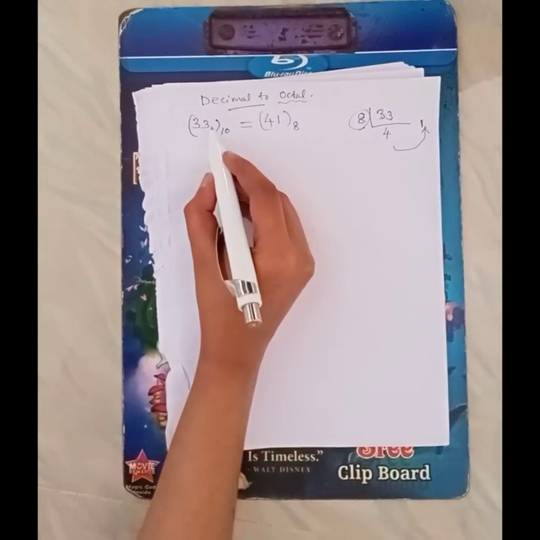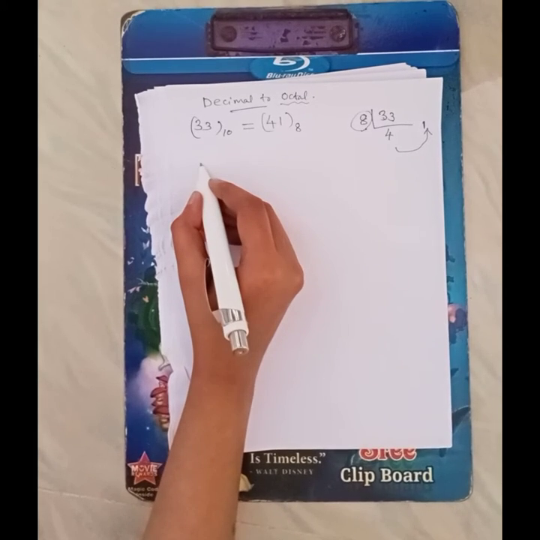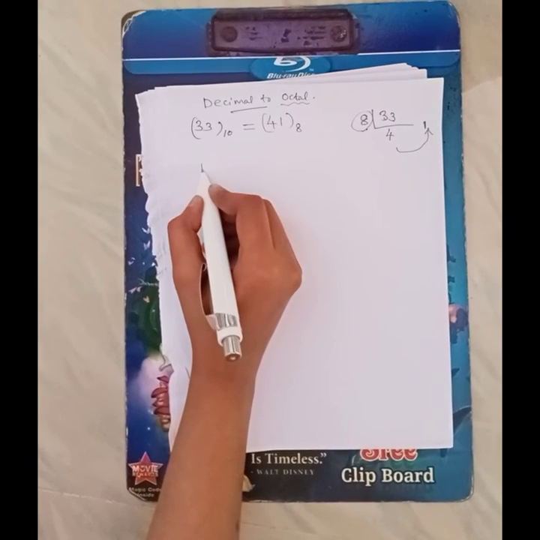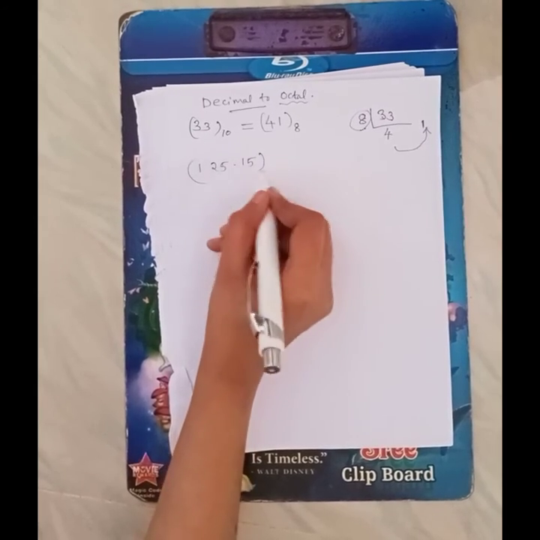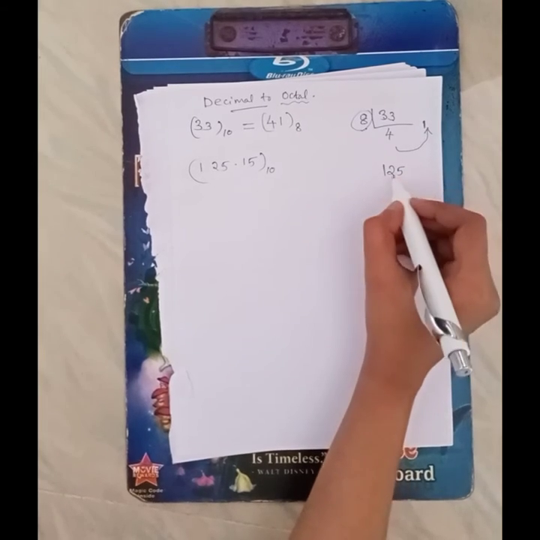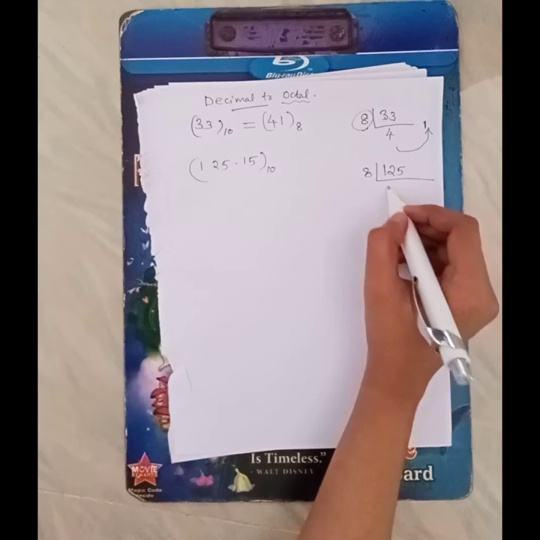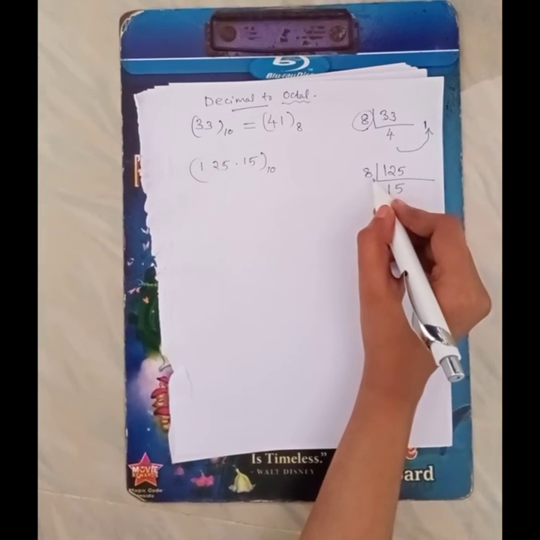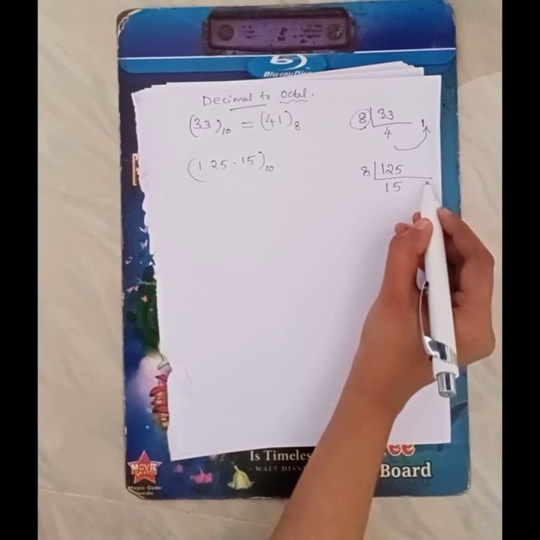So let's see what if there comes a point value. Let's take another example like 125.15. It's the decimal number. So let's see the octal value of 125. 125 into 8, 15 into 8 is 120. The remainder is 5.